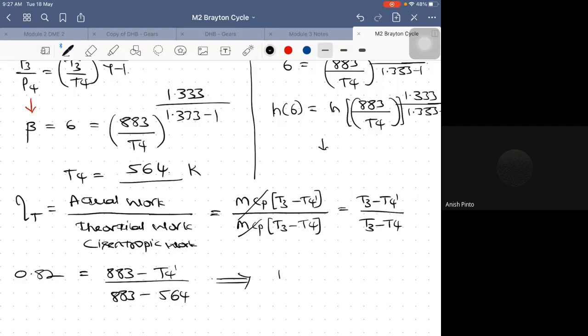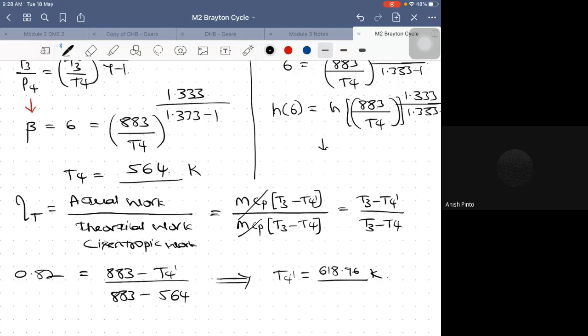From this, finally, I got the value of T4 dash. How much is the value in Kelvin? 618.96. Just check the value. Is that right?